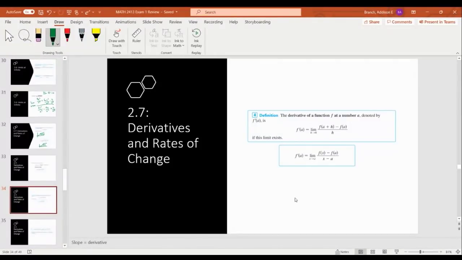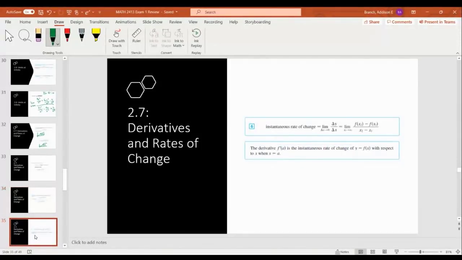And that can also be rewritten in the same way as that tangent line formula, f of x minus f of A over x minus A. So technically, the definition of derivative is just a rate of change. When we're taking the derivative at a point, we're looking at the instantaneous rate of change at that point. So in general, when you think derivative, think rate of change.